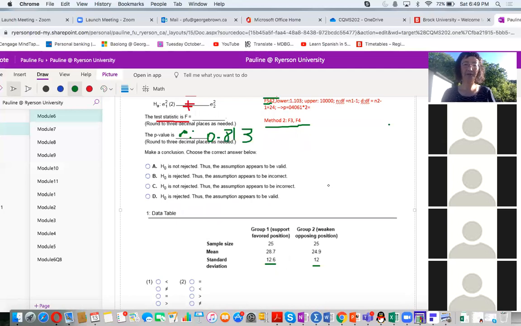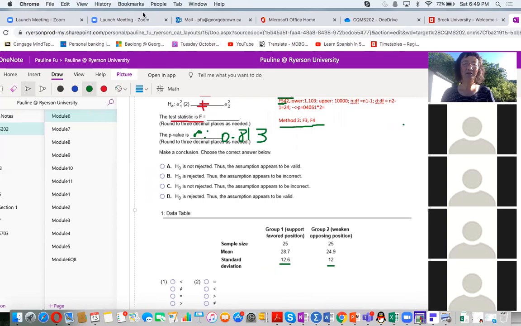Once you have a p-value, you can use the p-value method to make a conclusion. Remember the rule, the convention for p-value is when p-value greater than alpha, do not reject. So this p-value obviously greater than alpha.